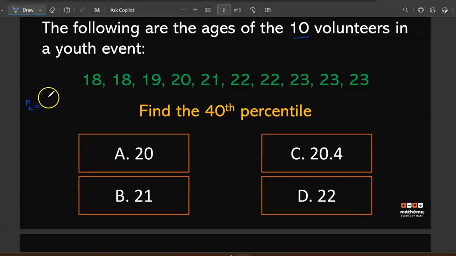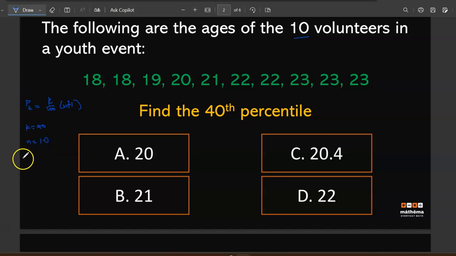K is equal to K over 100 times N plus 1, where K is our percentile, and N is our sample size. So in this case, our K is 40, and our N is 10.